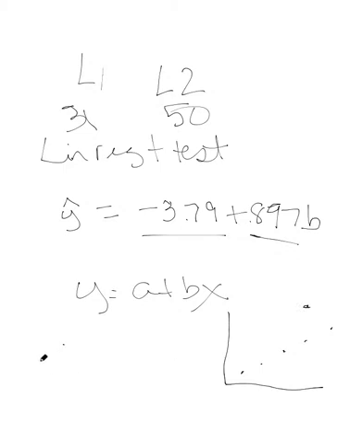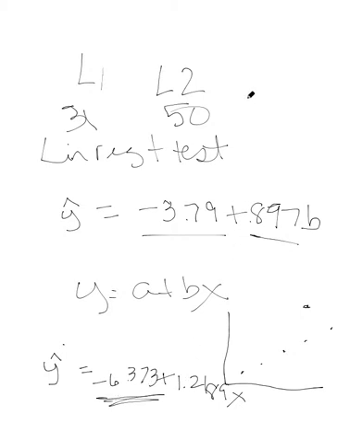When I did my regression line, I got y equals minus 6.373 plus 1.2189x. Now when we do the graphs of the line, this first number is called the y-intercept.